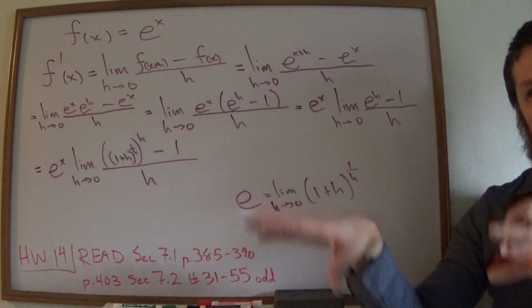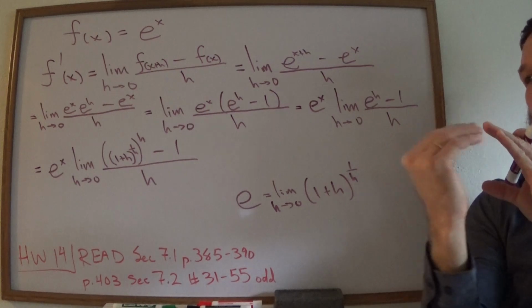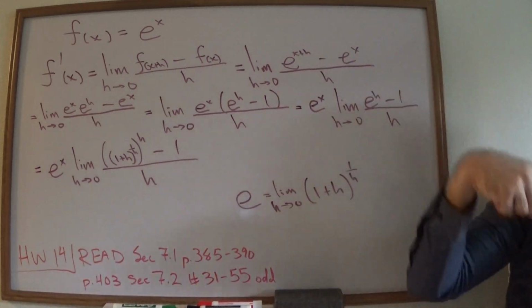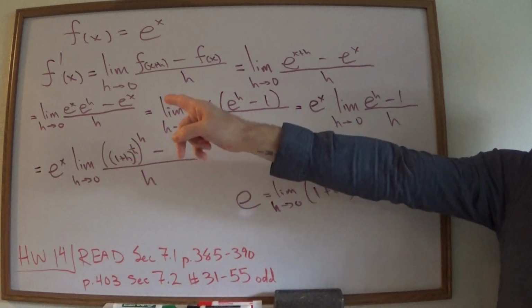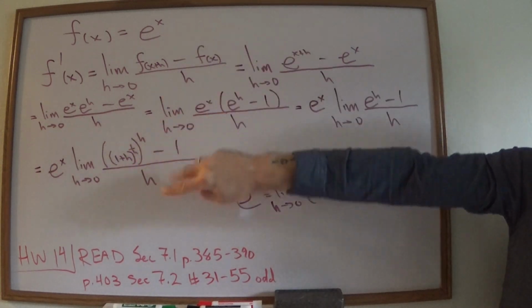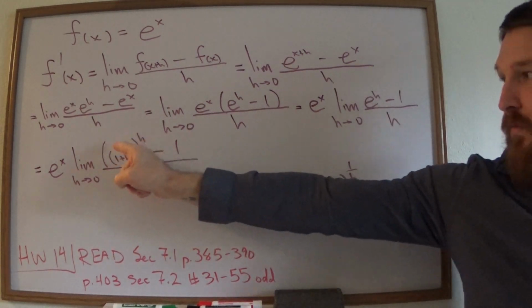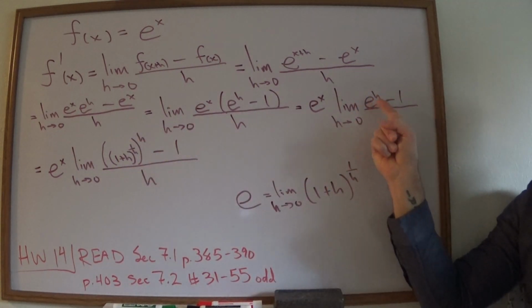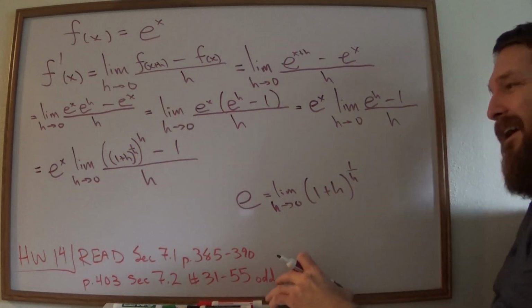Same way as before, where the limit going to infinity gets closer and closer to 2.7 and so on. You rearrange it so that instead of 1 over n, it's h, and instead of n, it's 1 over h, and they go to the same place. Well, this right here will go to the same value as that right there.